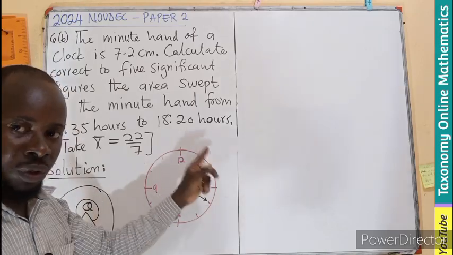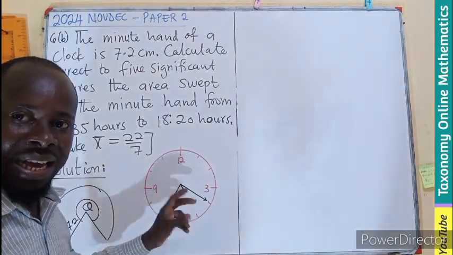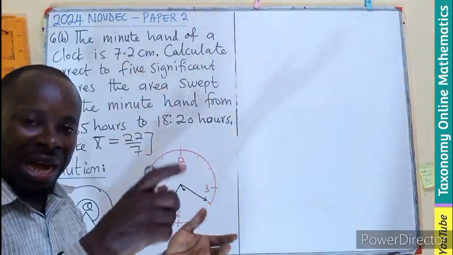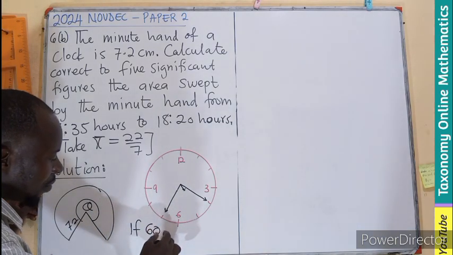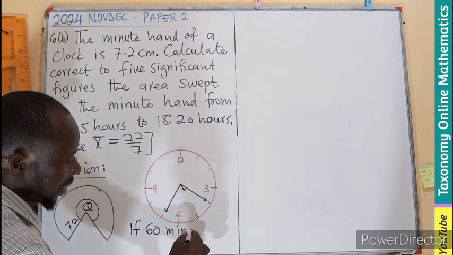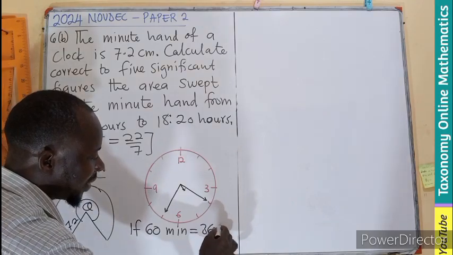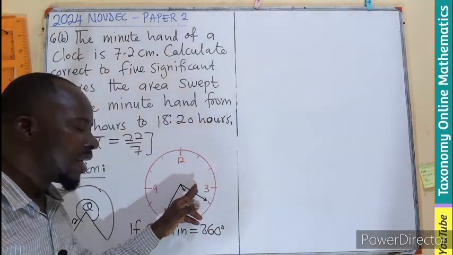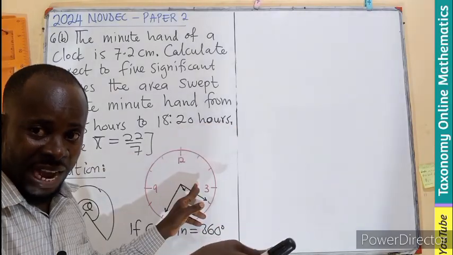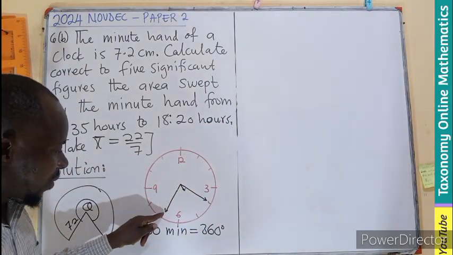So that 60 is producing the total angle. So if 60 minutes is giving me 360 degrees, then the minutes swept here should give me a lesser angle, right? What is the minute?